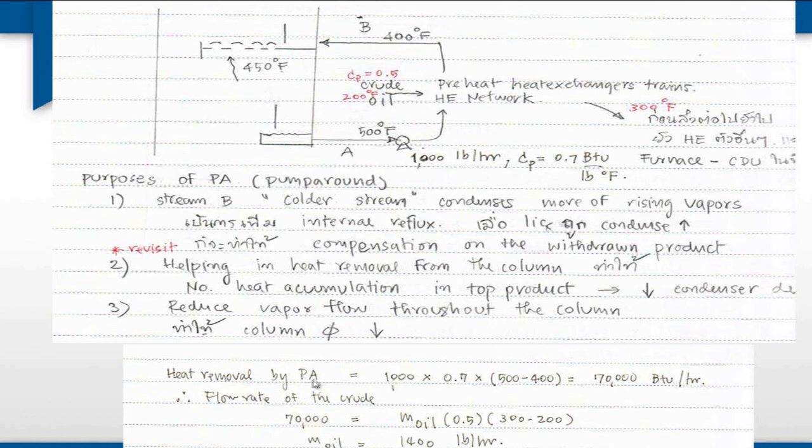So we can calculate that the mass of crude oil that should be passed to this, based on 100% heat transfer coefficient, is around 1400 pounds per hour.